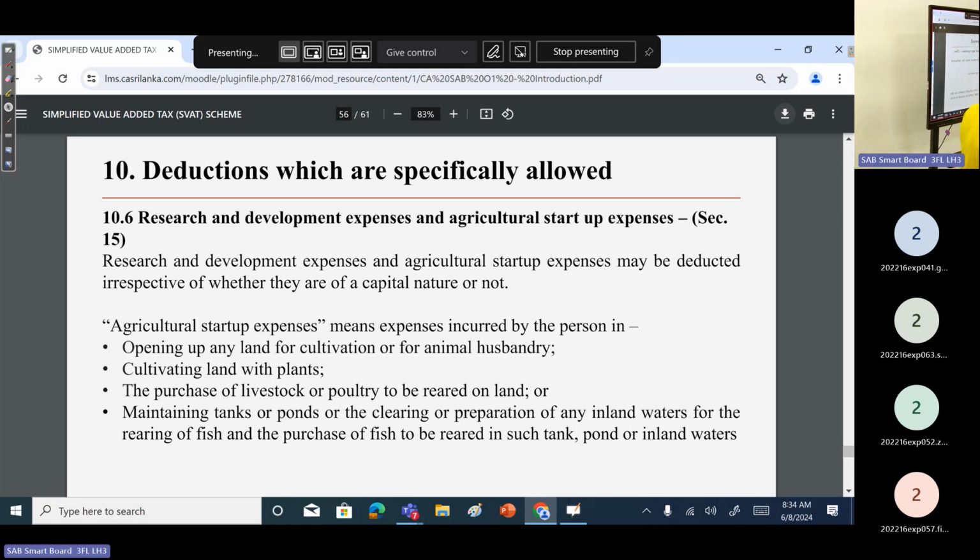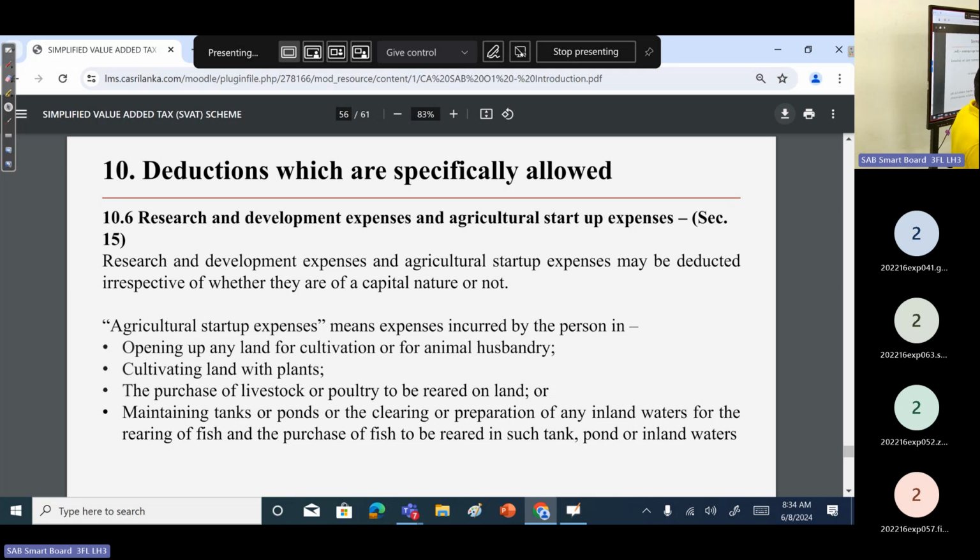Right? So thereafter it says the purchase of livestock or poultry to be reared on land. So the initial cost for the acquisition of livestock, right? Or poultry to be reared on the land. Or maintaining tanks or ponds, or the cleaning or preparation of any inland waters for rearing fish, and the purchase of fish to be reared in such tank, pond or inland waters.